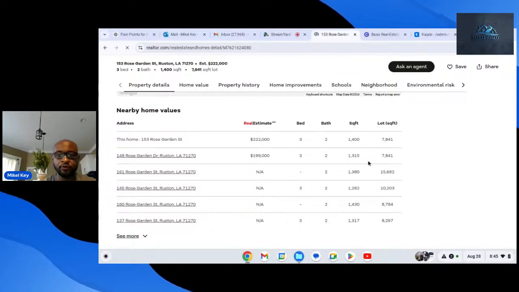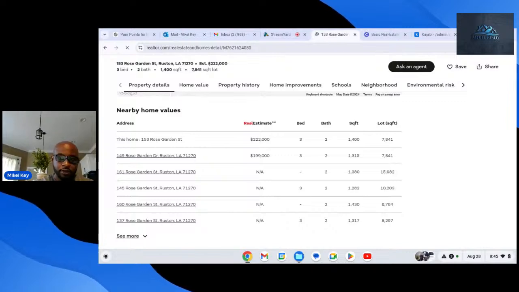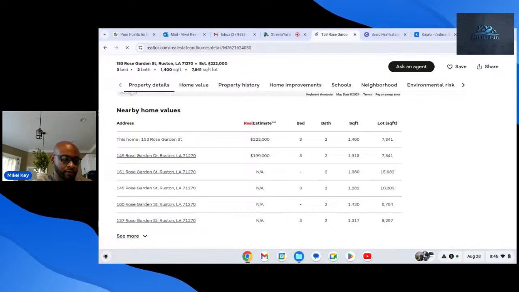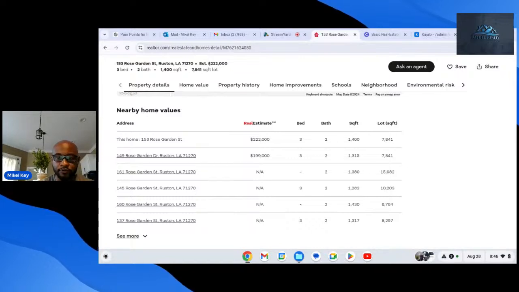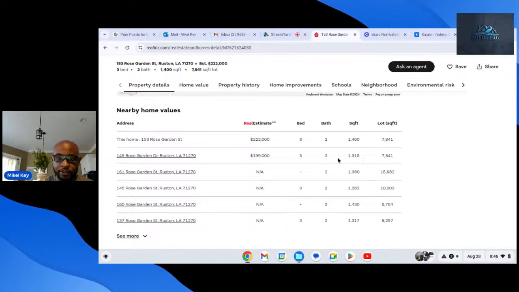If we play around with that number and do some basic math, 199,000 divided by 1,315 is $151 a foot. I want you to understand how I came up with that. I took 199,000 and divided it by the square footage number, 1,315, and that spit out $151 a foot.